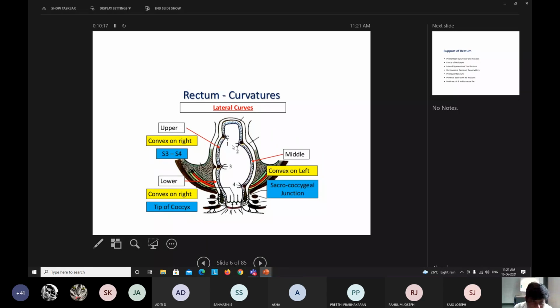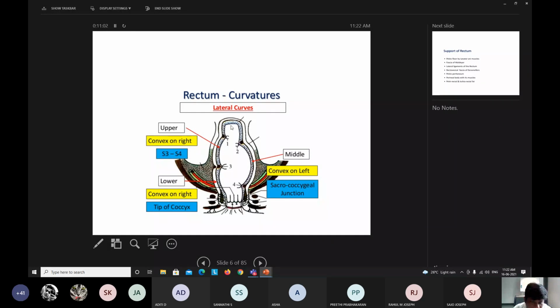The upper one is convex on the right, as the red arrow mark is showing. The middle one is the largest and the most prominent one, and it is convex on the left side. You just see this curvature, convex on the left side.